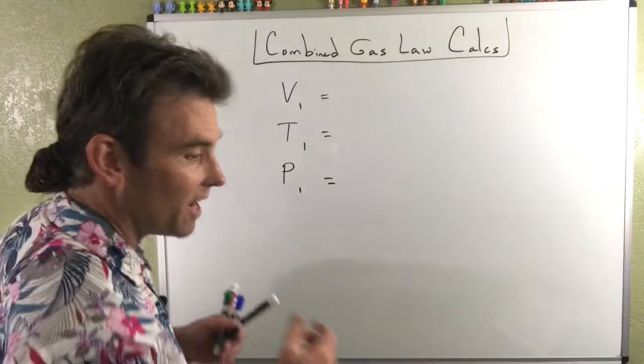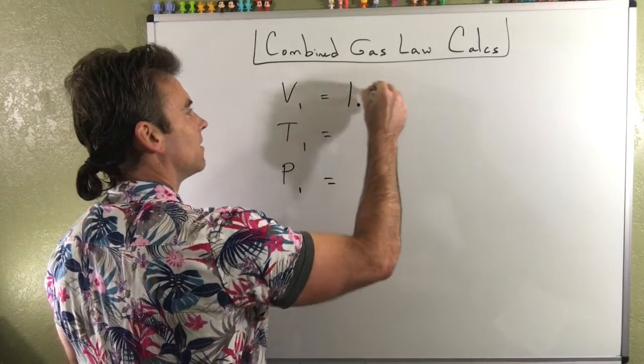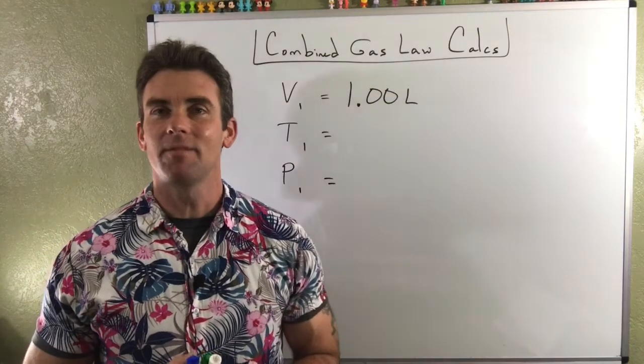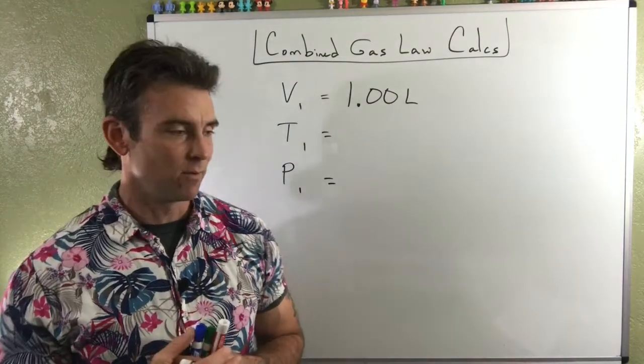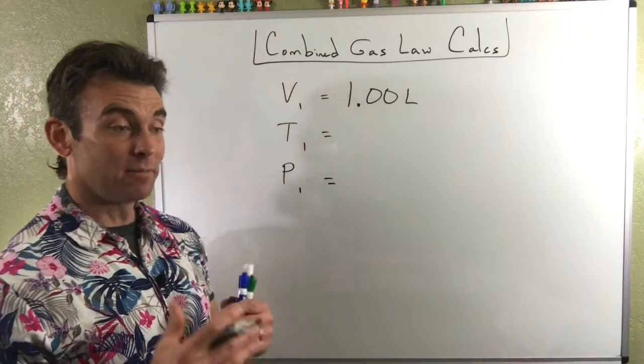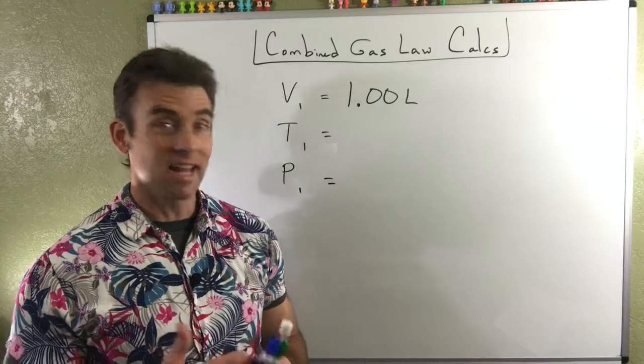Okay, so I know that I've got initially 1 liter of gas, and I am thrilled because that's already in liters. I don't have to do any kind of conversions. Standard temperature and pressure. Well, standard pressure we talked about, and it doesn't tell us anything else.